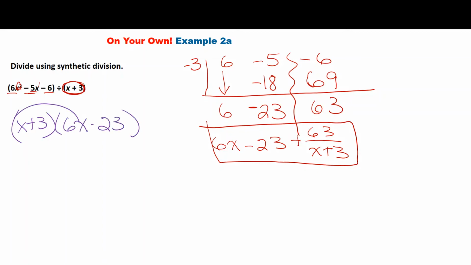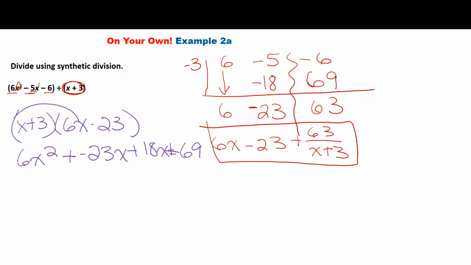So x times 6x is 6x squared, plus a negative 23x, plus 18x, plus 3 times negative 23, which is negative 69.